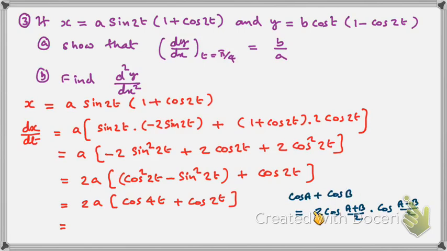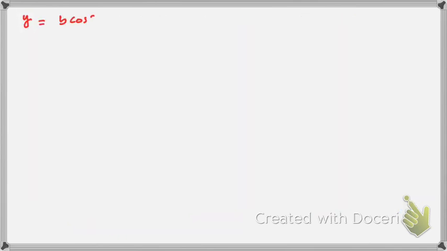So this 2a will stay outside. 4t plus 2t, 6t divided by 2 makes it 3t, into cos (a minus b) by 2: 4t minus 2t is 2t divided by 2 is t. So we get 2 cos 3t into cos t. Now of course 2 2's are 4 there. So your answer is 4a cos 3t cos t.